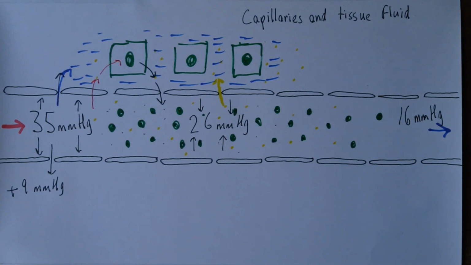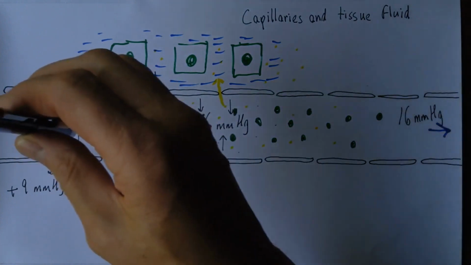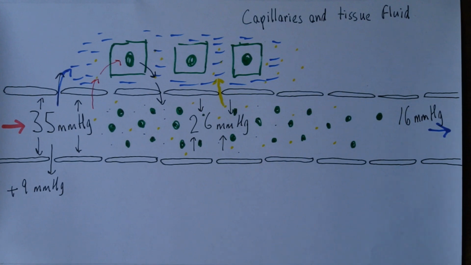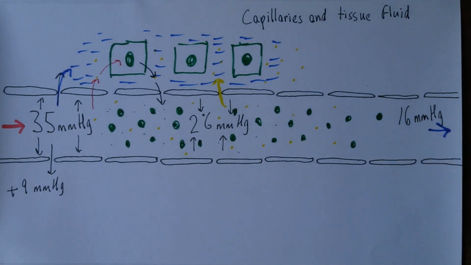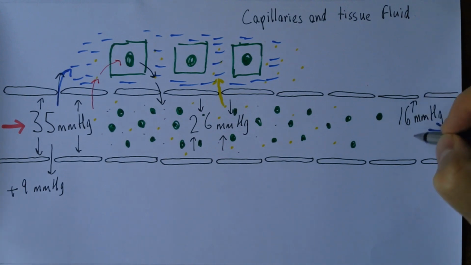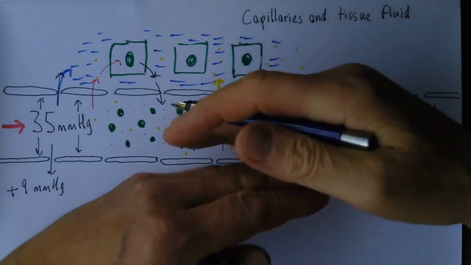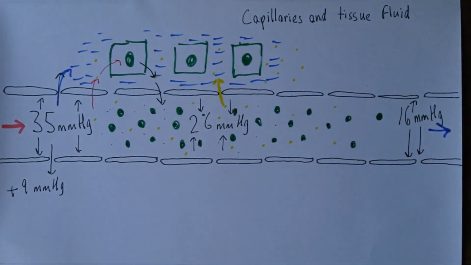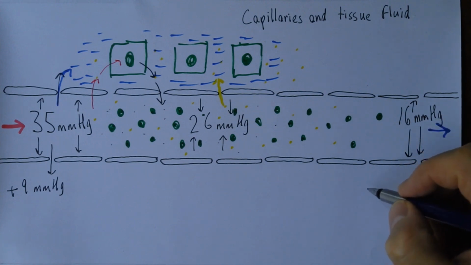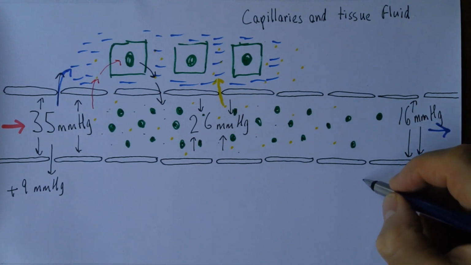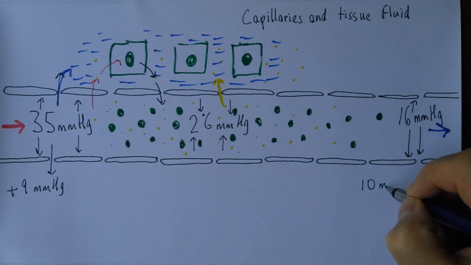Now, as we go along, the pressure is going to drop. And here, the pressure has dropped to 16 millimeters of mercury. So I think you can see now that the hydrostatic pressure pushing out is 16 millimeters of mercury, but we've still got this 26 sucking back in. That means we've got a reabsorption pressure of 10 millimeters of mercury.